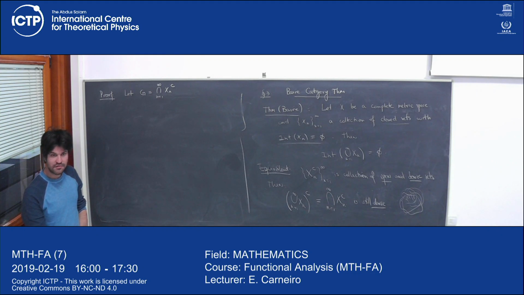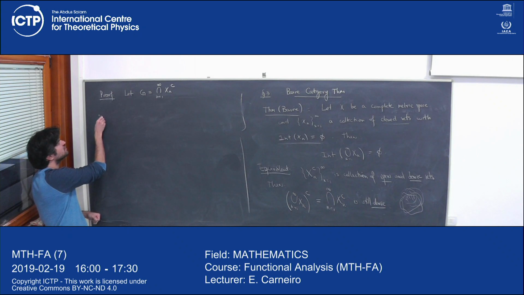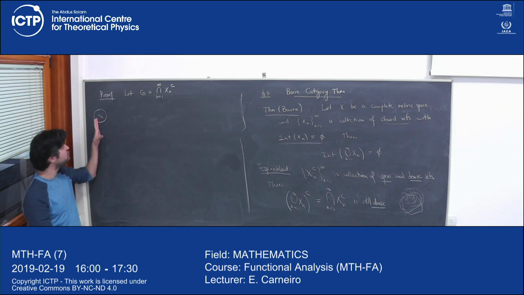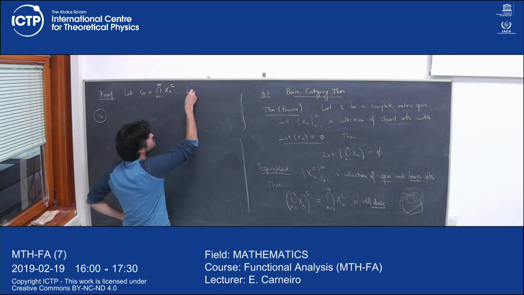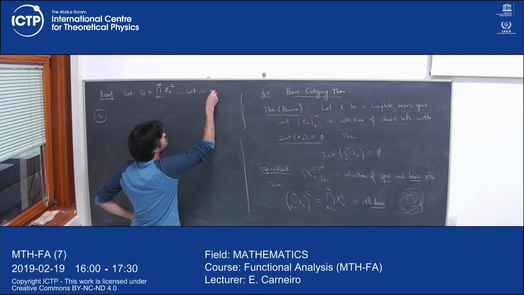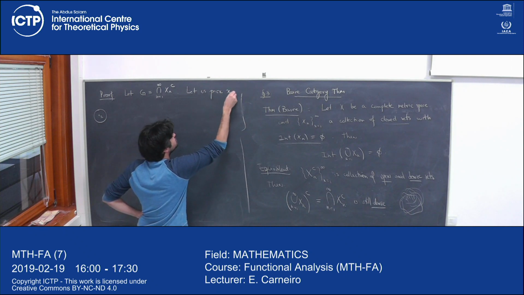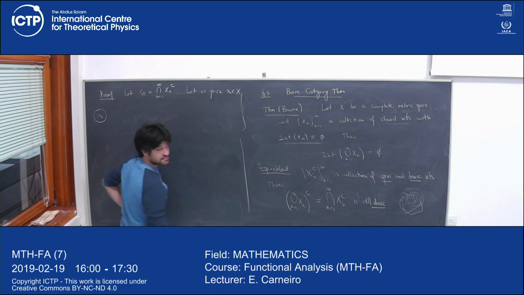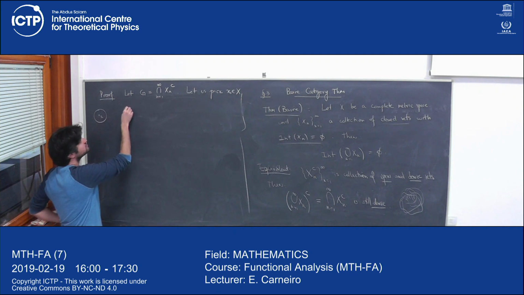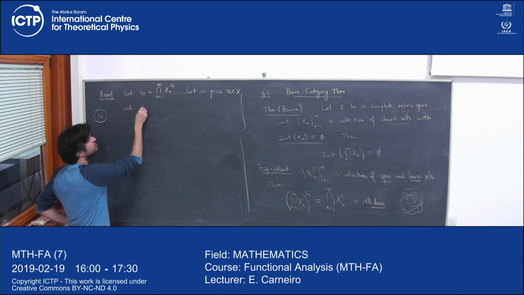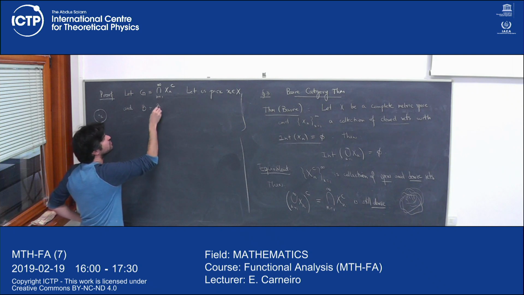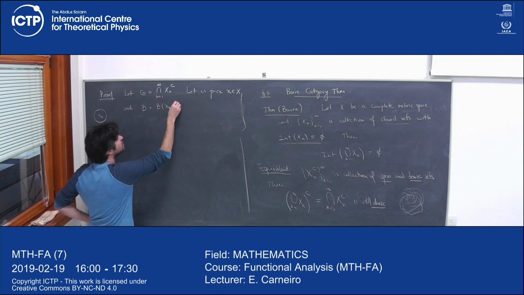So this means that for every point x0 that I pick, and I make a little ball around x0, I have to have a point of the set G in this little ball. So let us pick x0 in your whole set X, and a little ball B, which is the ball with center x0 and radius r.